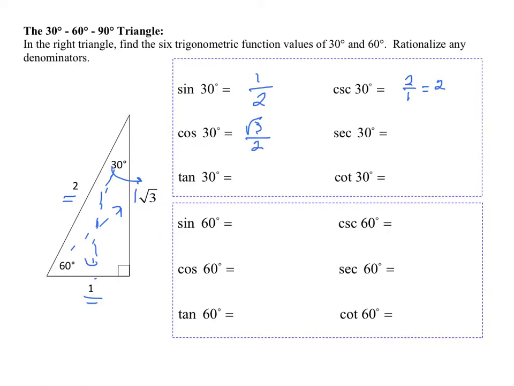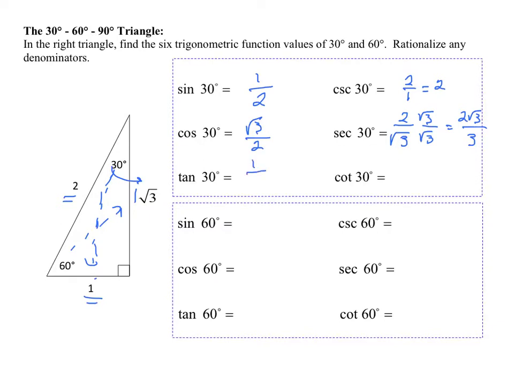The secant will be 2 over square root of 3. And immediately you're jumping down, realizing that I have to get that radical out of the basement. I just multiply the top and the bottom by the square root of 3. So it's 2 square root of 3 over 3. Good? And tangent is opposite over adjacent.